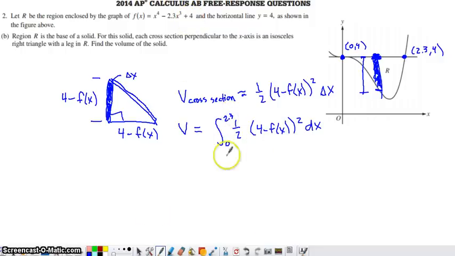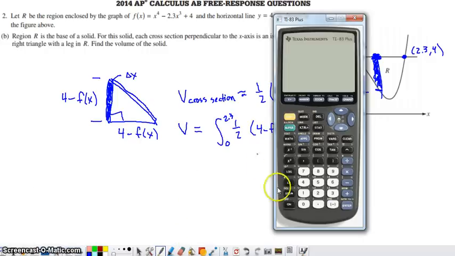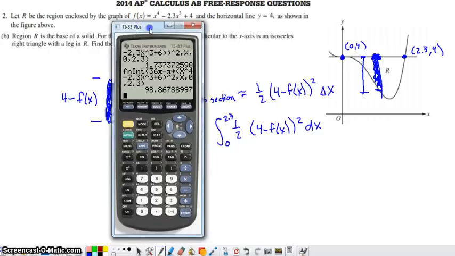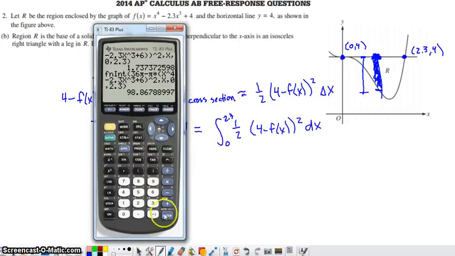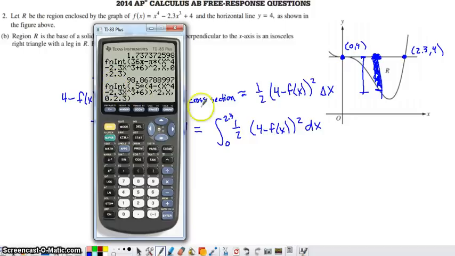And if you want to do this integral on a calculator active section of a test, break out the calculator, have the calculator do the rest of the legwork for you. So you've done all the setup, and I have already typed this in. Just let me recall it here. So I grabbed out of the math menu the function integration feature, and I carefully typed in my integrand. I did obviously have to type in f of x in this form and not just calling it f of x, standard name.